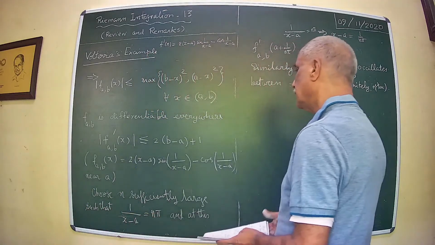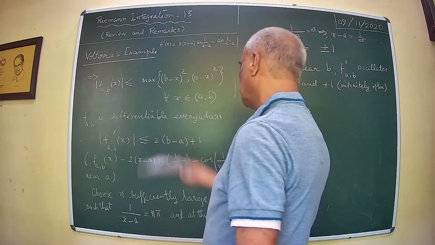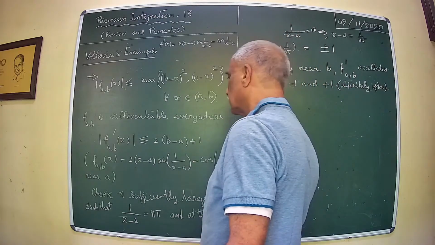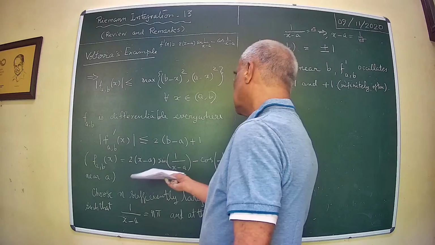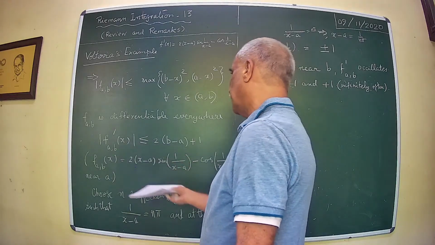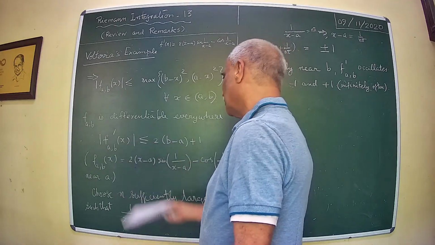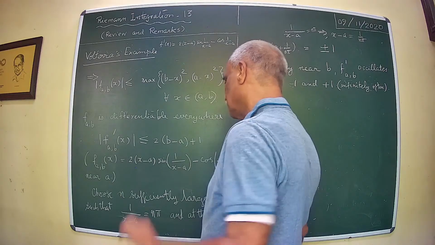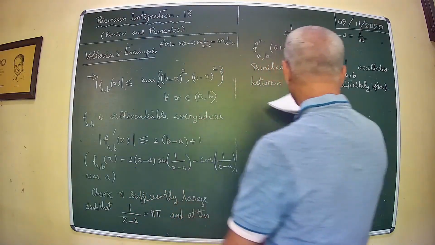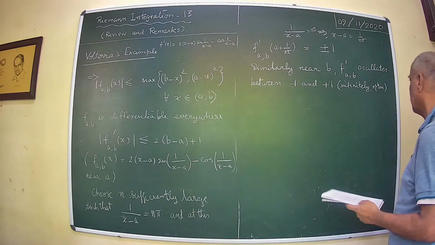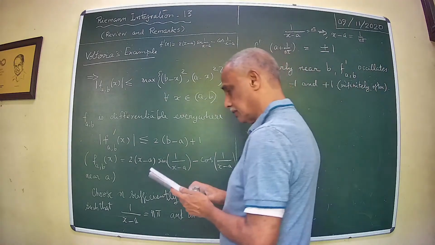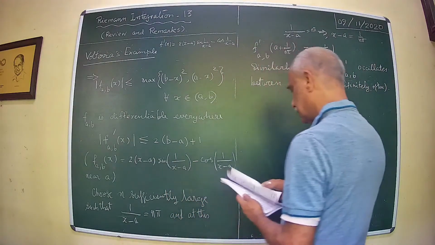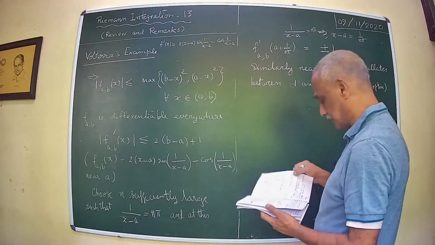Because you see that this particular term becomes important, and these points will decide what the value is going to be, so it is just going to be fluctuating between minus 1 and plus 1. Now what we are doing is, we have not completed the construction.